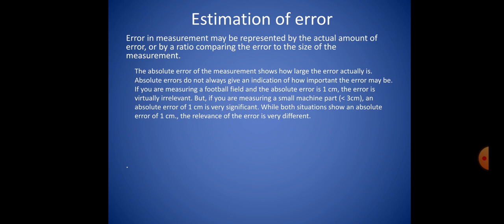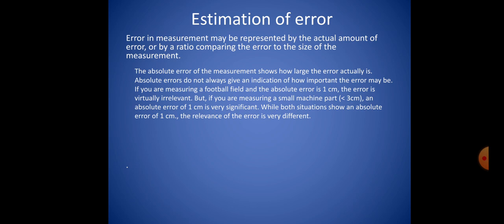So जो भी error है, we can express that in two ways. पहला जो है, that is कितने amount में actually error present है, in that way we can express it. Otherwise we can express that by a ratio. और जब हम रेशो में एस्टिमेट करते हैं एरर, at that time we compare the error to the actual size of the measurement.